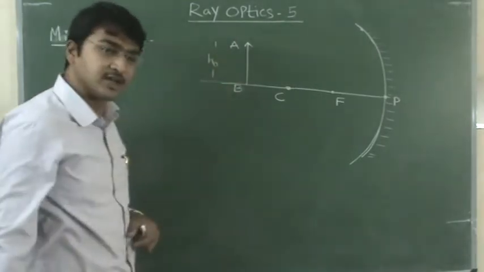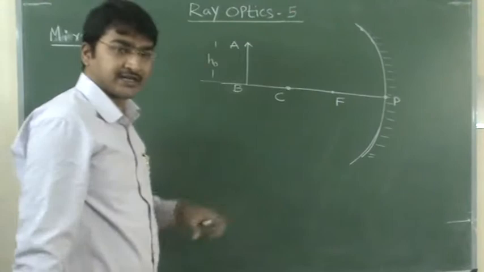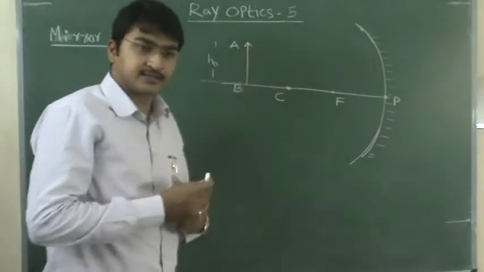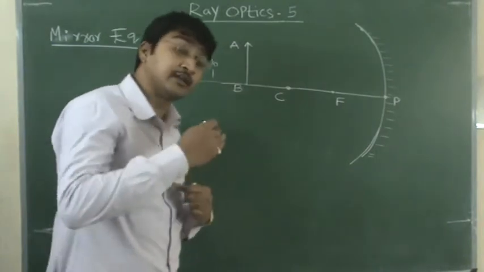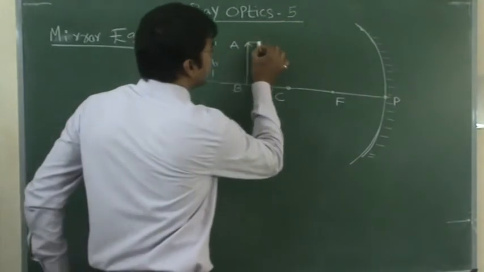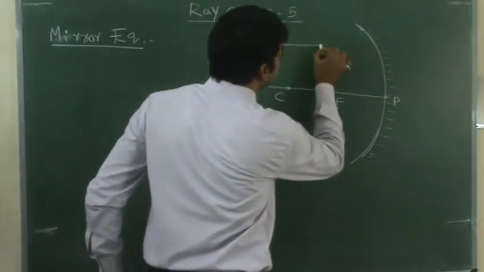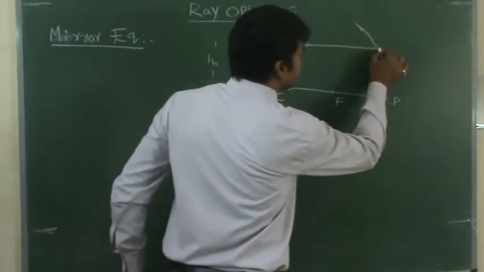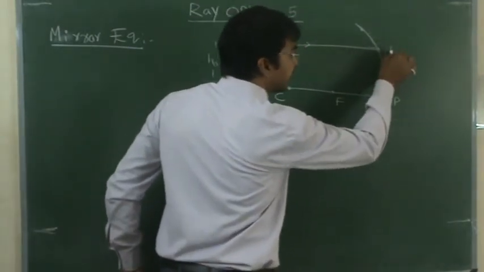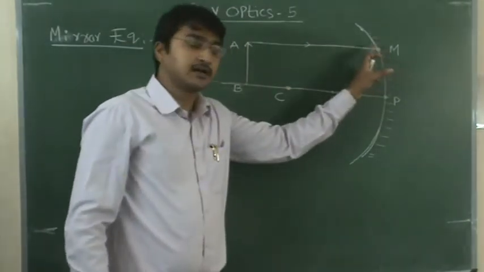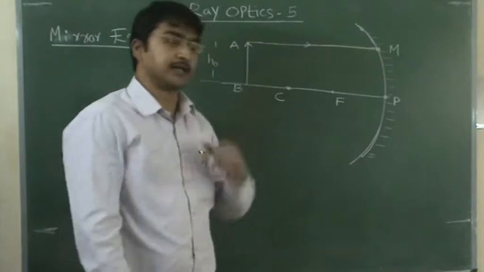Now I am drawing the ray diagram to see where the image will form. The first ray is parallel to the principal axis and incident on the mirror at a point M. So AM represents the incident ray on the mirror.